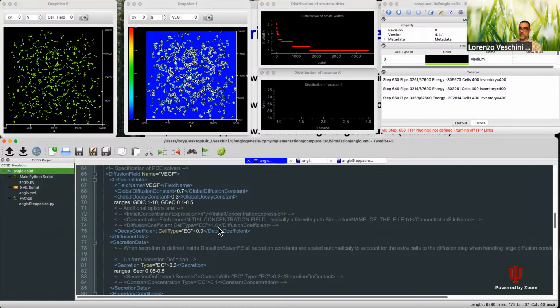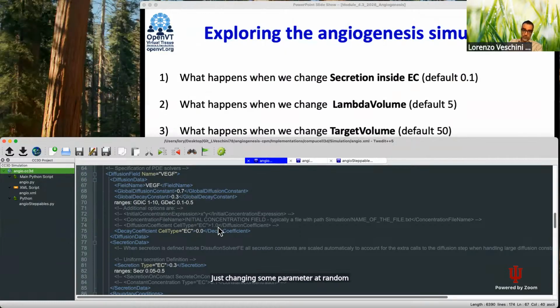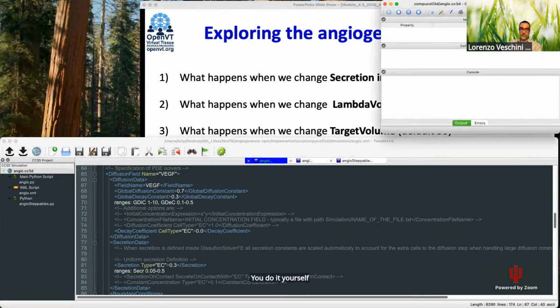I'm just changing some parameters at random, to show you, while you do it yourself, what are some options that might emerge.